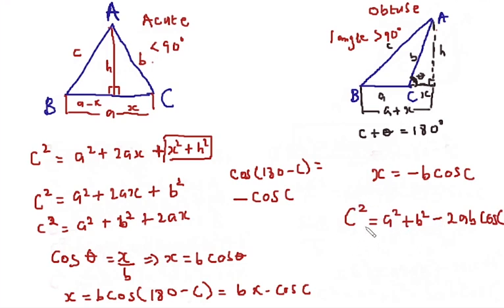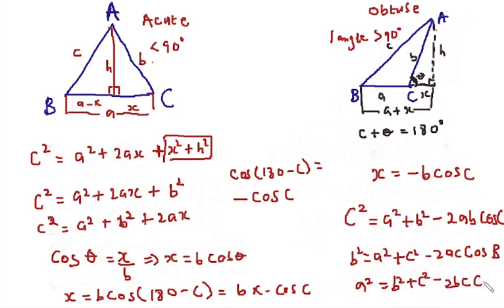Depending on which side we're looking at, this equation could be b squared is equal to a squared plus c squared minus 2ac cos B, or a squared is equal to b squared plus c squared minus 2bc cos A. So that's how to prove the cosine rule using an obtuse triangle.